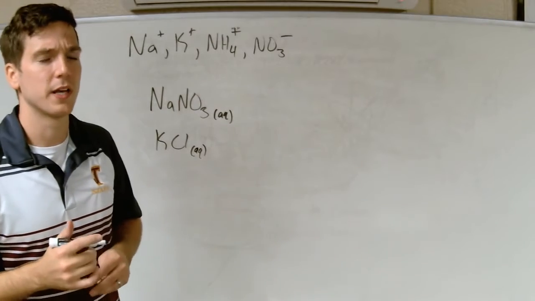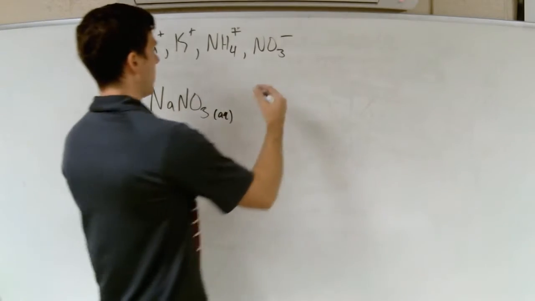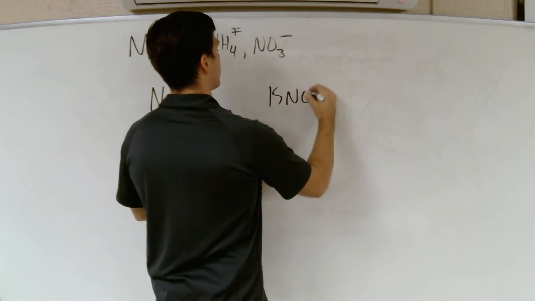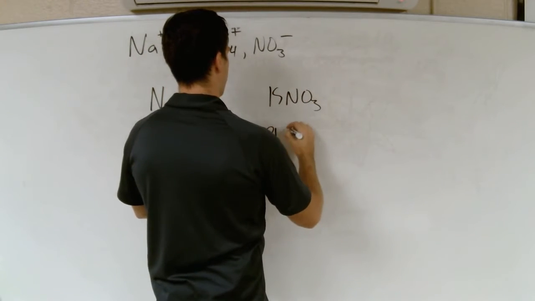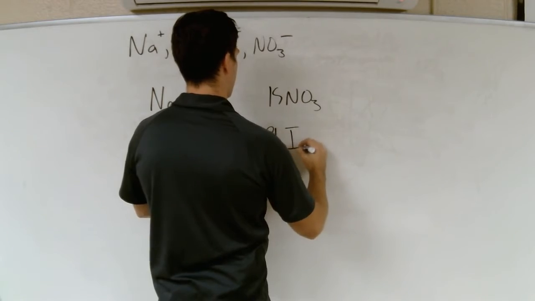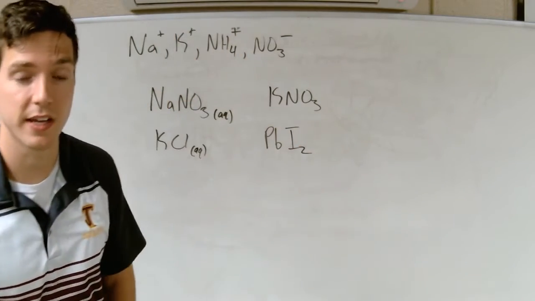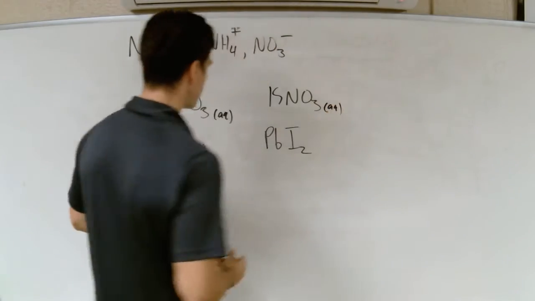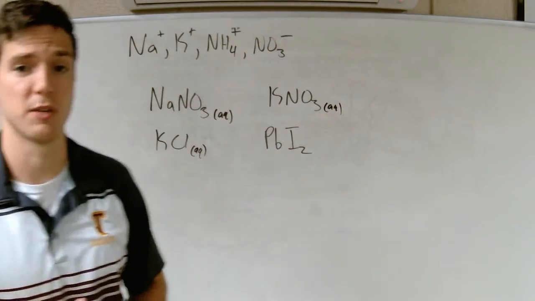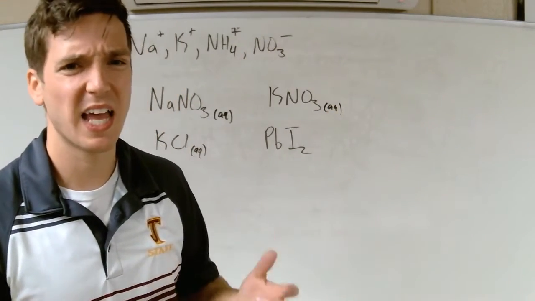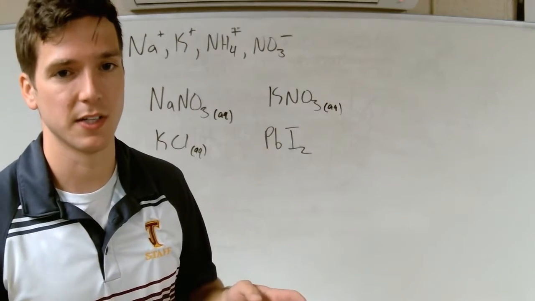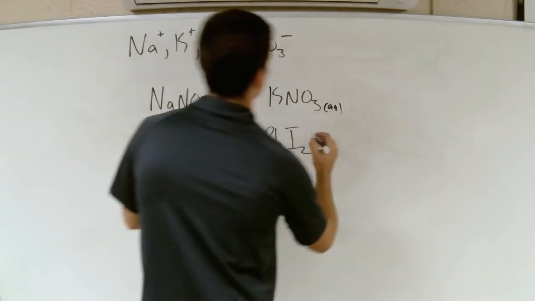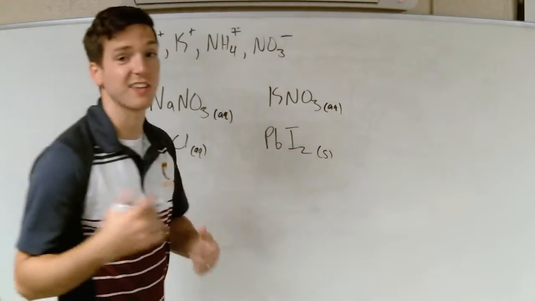What about when I combine those 2 liquids? When I combined them, it created potassium nitrate and lead iodide, okay? Potassium nitrate is aqueous because it's got one of those solubility ions in there, but lead iodide doesn't have either of those solubility ions in there, so it's not going to be aqueous, it's going to be a solid, okay?